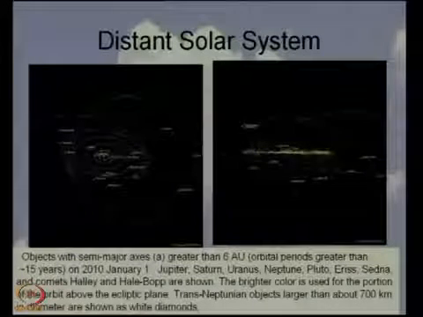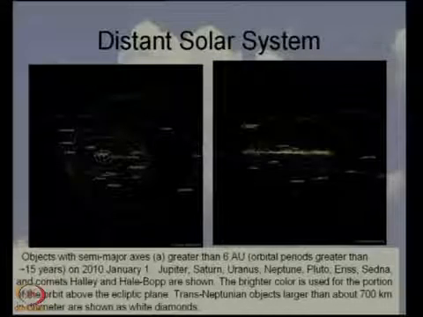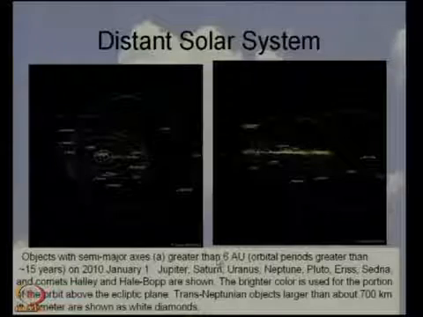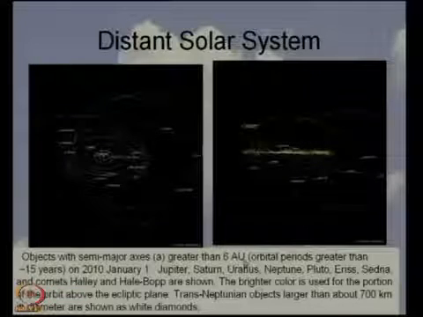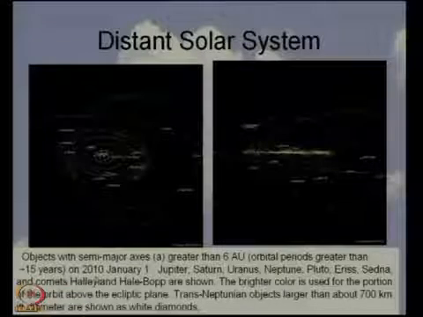And this shows you the distant solar system. It shows you all objects which are beyond 6 astronomical units, as of 1st January 2010.